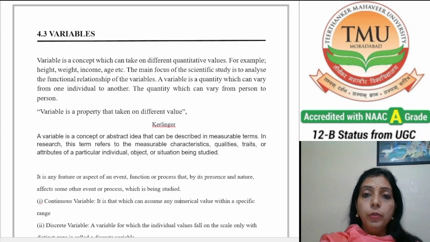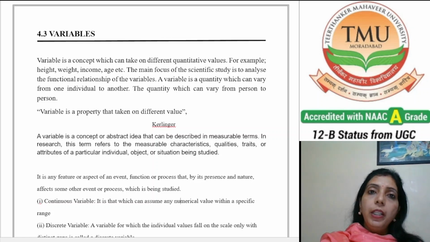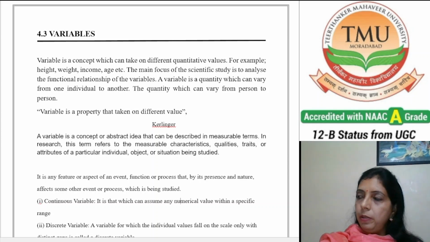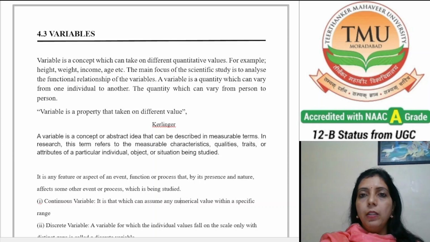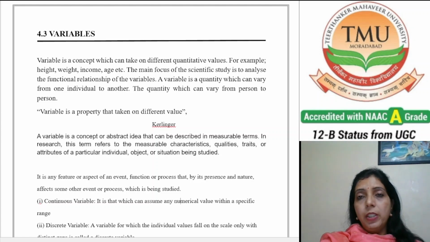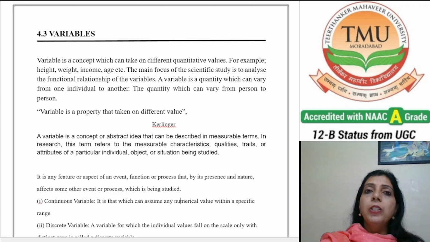Like I told you, height can vary. Height of people will definitely vary. We cannot be at the same height. So weight will vary. Income will vary. One income group, second income group, lower income, higher income, average income group.